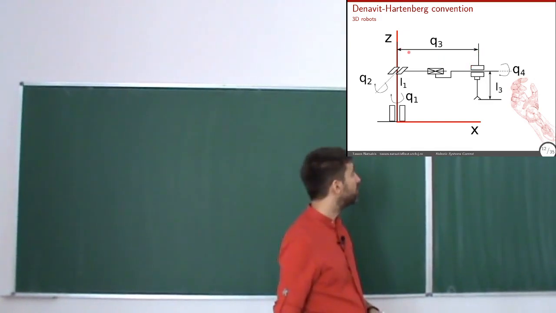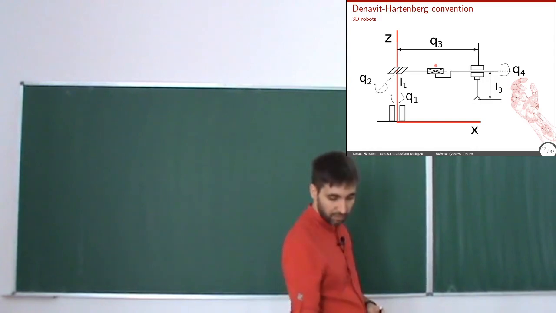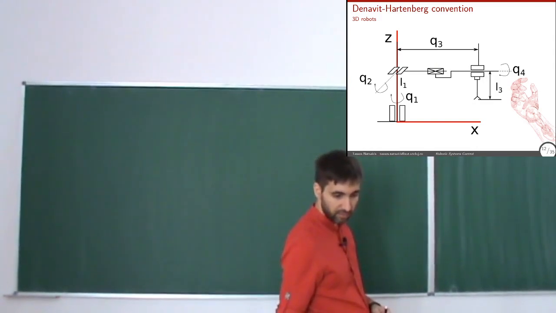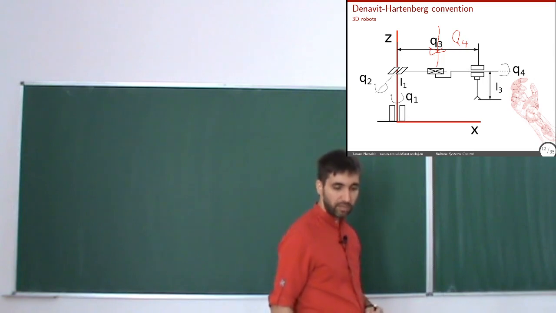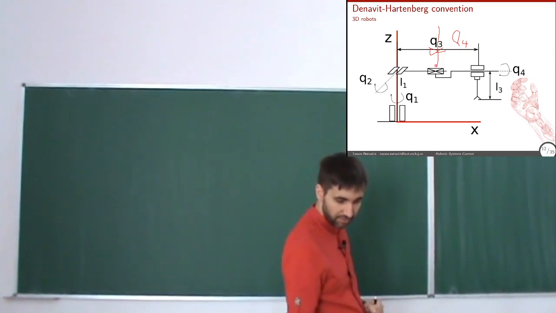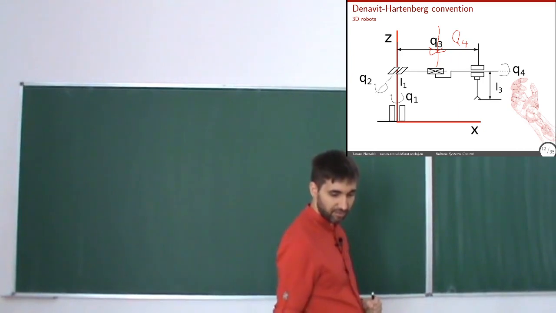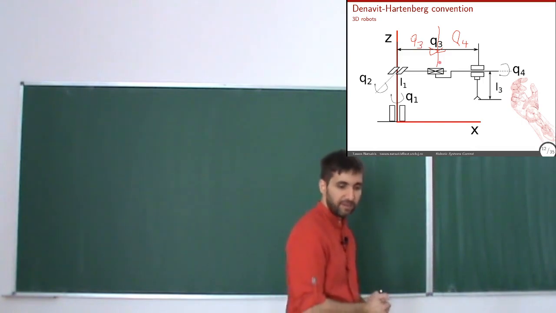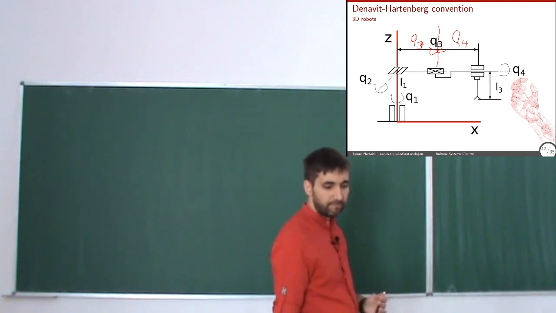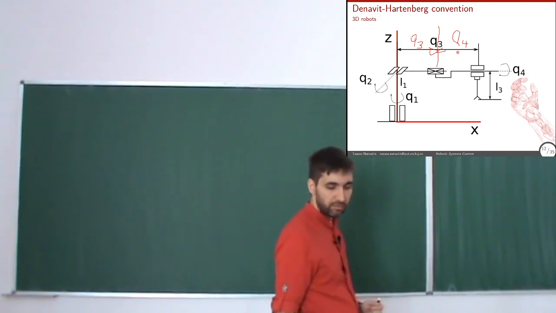From here to here is Q3, and from here to here is L4. I could draw it, but I think I'd better not because it's ugly. Here is Q3. It doesn't matter how you put it, it's the same thing.